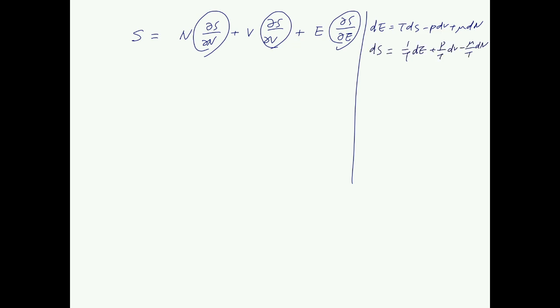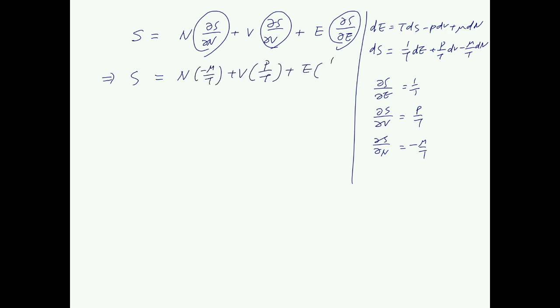That means partial S partial E is 1 over T, partial S partial V is P divided by T, and partial S partial N is minus mu divided by T. So I can change this to N times minus mu over T, plus V times P over T, plus E times 1 over T. Then I can rearrange this equation and get E is TS minus PV plus mu N. So that's something different.